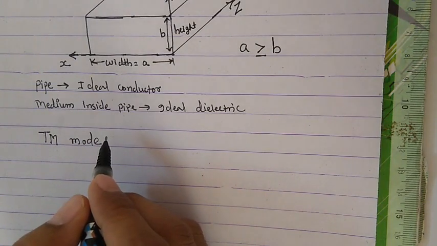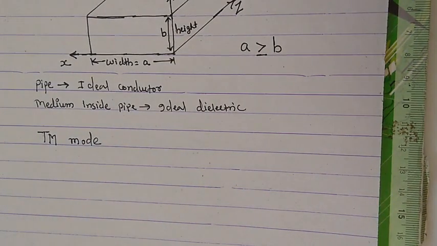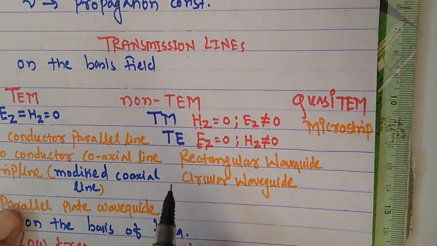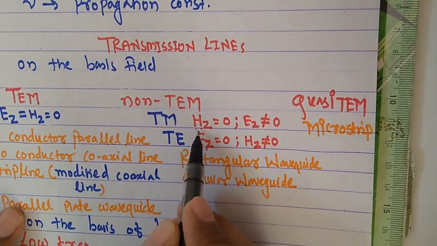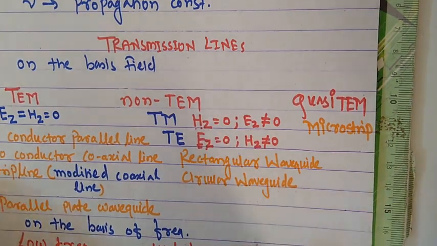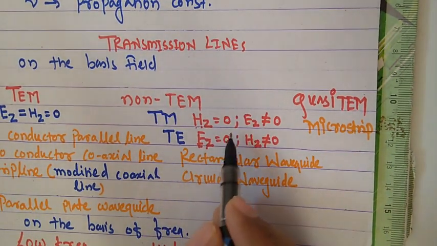You remember from our first lecture, TM mode is transverse magnetic mode, where Ez is not equal to 0 but Hz is 0. So you have to find out the solution for Ez.